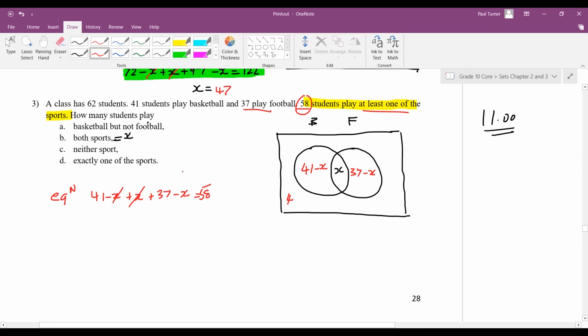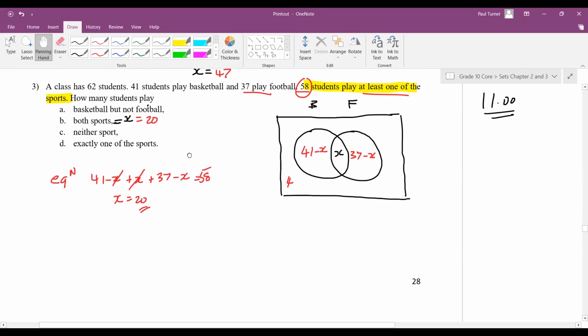You should get 20, I think. Is that right? X is 20 because answer B is 20. Is that correct? 20. The other way you can do it would be 58. Oh, let's do that another time. Let's just move on because we only have 10 minutes left anyway.